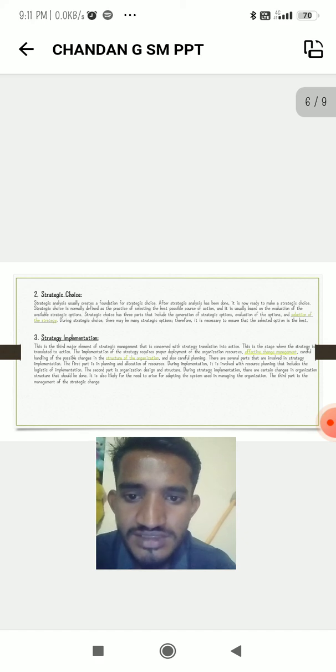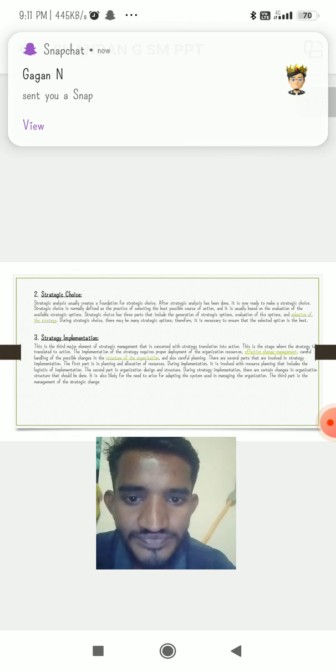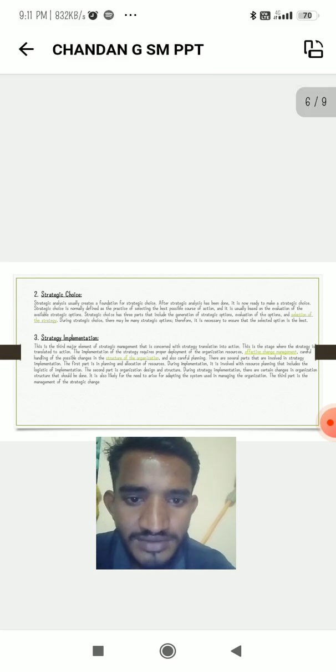Third one, strategy implementation. This is the third major element of strategic management, that is concerned with strategy translation into action. This is the stage where the strategy is translated to action. The implementation of strategy requires a proper development of the organization's resources, effective change management, careful handling of the possible changes in the structure of the organization, and also careful planning.